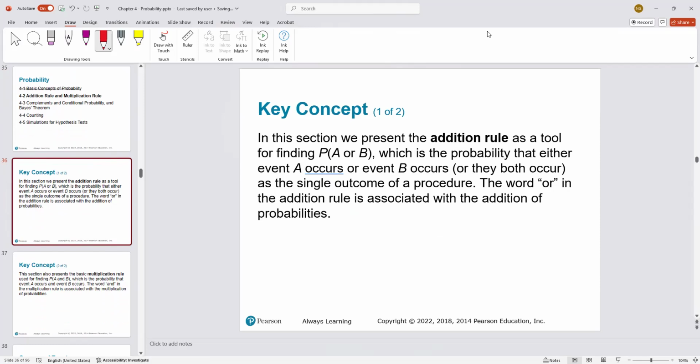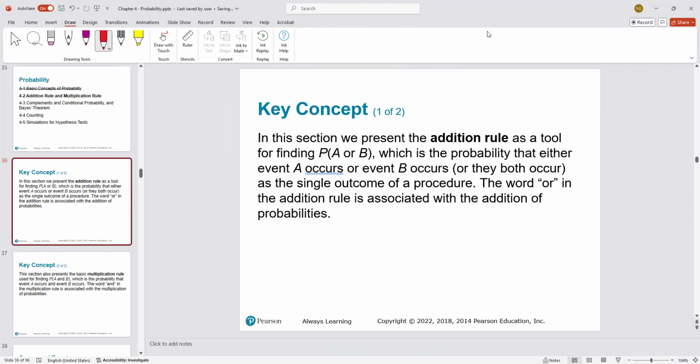If I review very quickly what the topics will be for this section: we will develop the ability to calculate the probability that in a single trial, some event A occurs, or, remember the conjunction, some event B occurs, or they both occur at the same time. So apply the addition rule by correctly adjusting for events that are not disjoint.